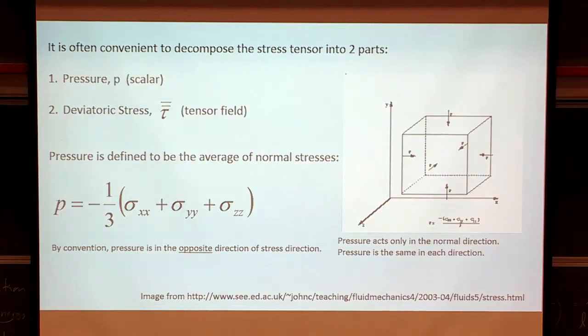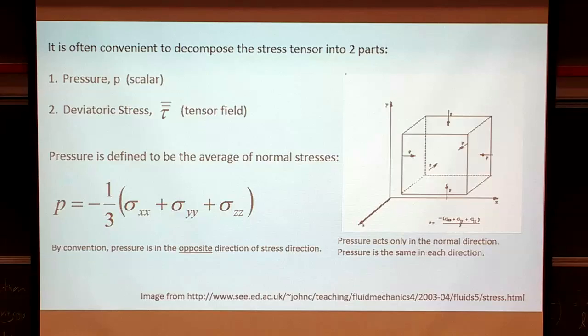And pressure, to make things really messy and give you headaches when you're first doing this stuff, is usually defined to have the opposite direction of the stress, so you always have to deal with that. Pressure is the average of the normal stresses on that volume. So the average is 1/3 times all of those diagonal terms in the stress tensor.